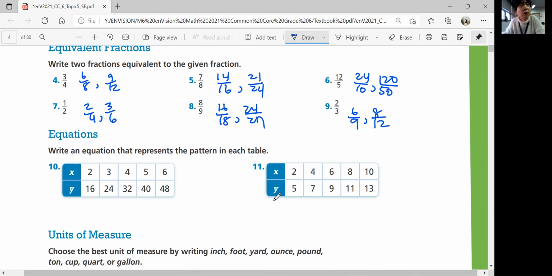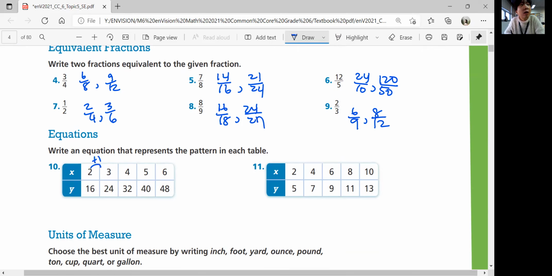Write an equation that represents the pattern in each table. Do you see any pattern? There's a relationship between x and y. For every increasing number of x by 1, how much does y increase? 16 becomes 24, becomes 32.